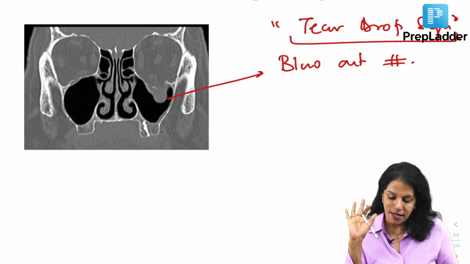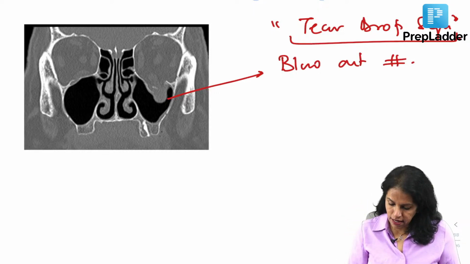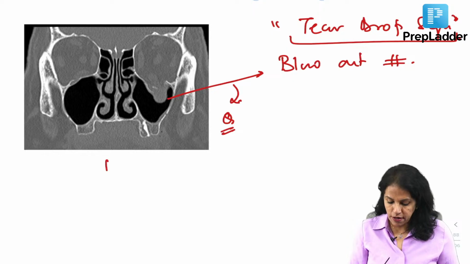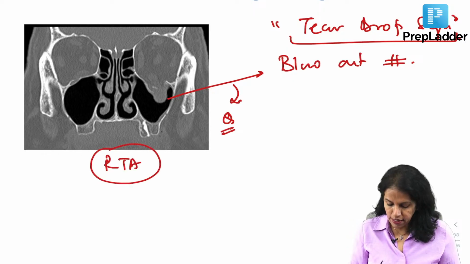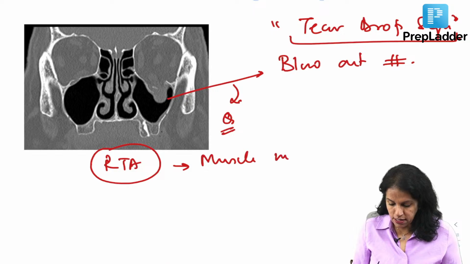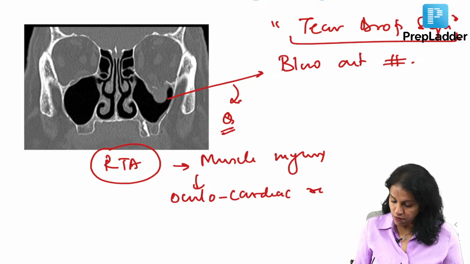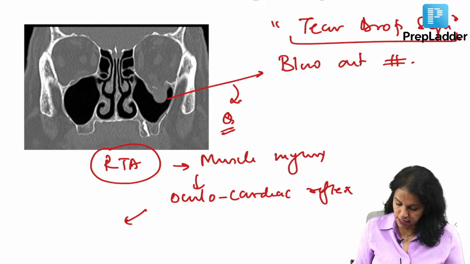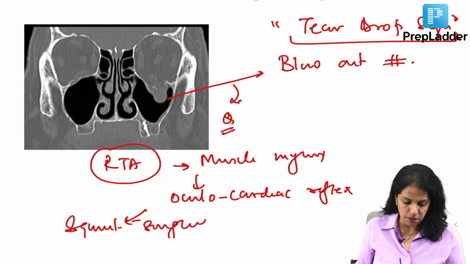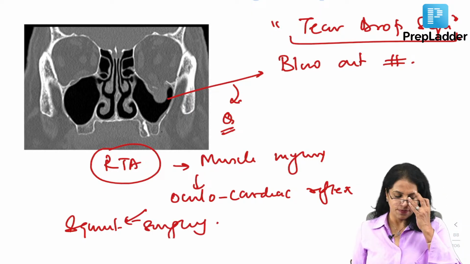You know this, right? So another point, don't forget, even in these fractures sometimes, or in road traffic accidents mainly, what you can get is muscle pull or muscle injury, and this can also incite an oculocardiac reflex. So oculocardiac reflex that you have learnt can be seen in this or it can be seen in squint surgery. So, these two places you will remember with me. Okay?